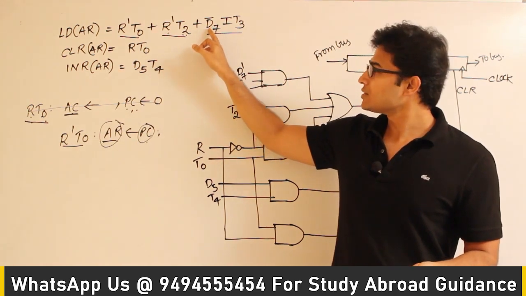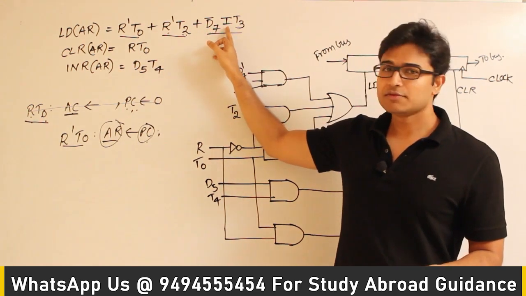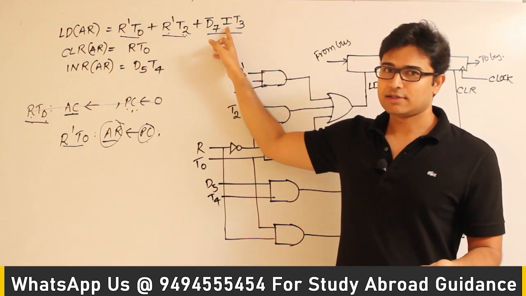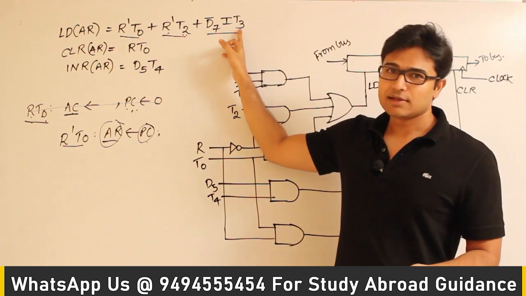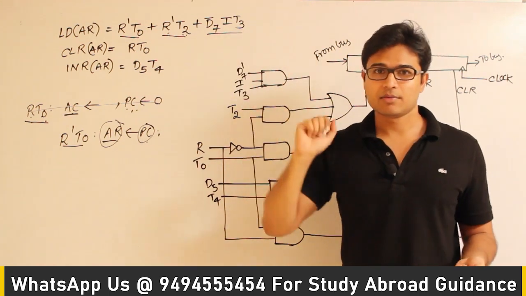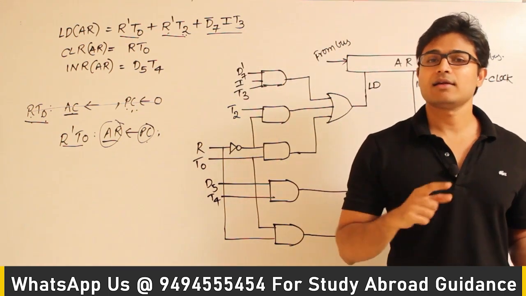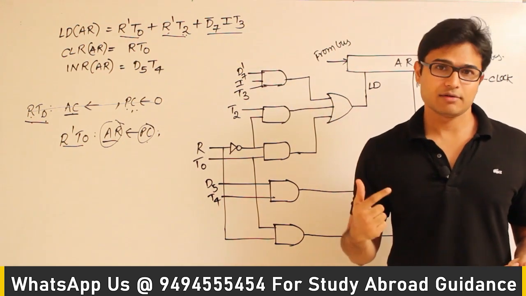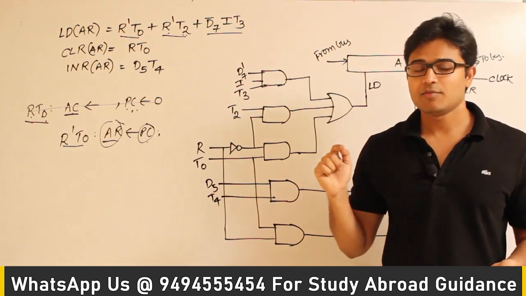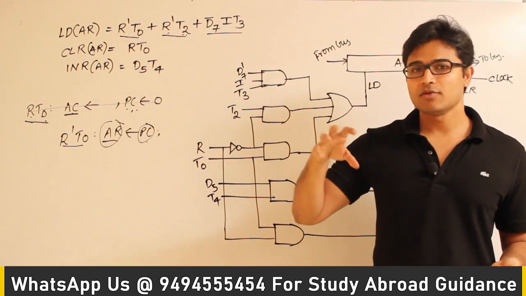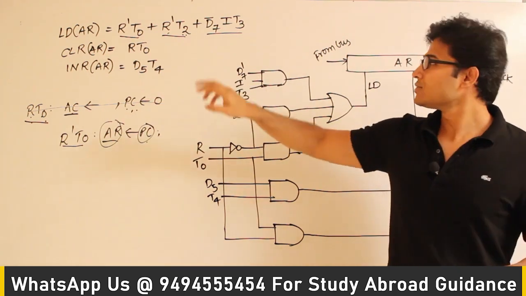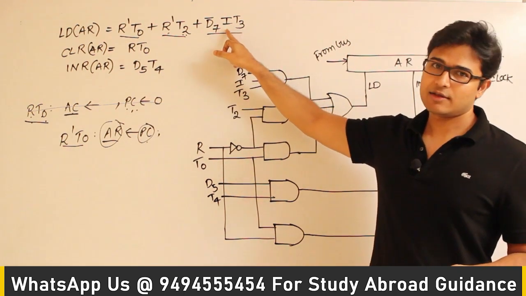So in a memory reference instruction, if I is 1, it means we are talking about indirect addressing mode. And if it is T3, so if it is a memory reference instruction in indirect addressing mode, in T3 we are computing the effective address. If you remember, while computing the effective address, we get a word from the memory and load it into AR, right? So that is why the load is again enabled here.